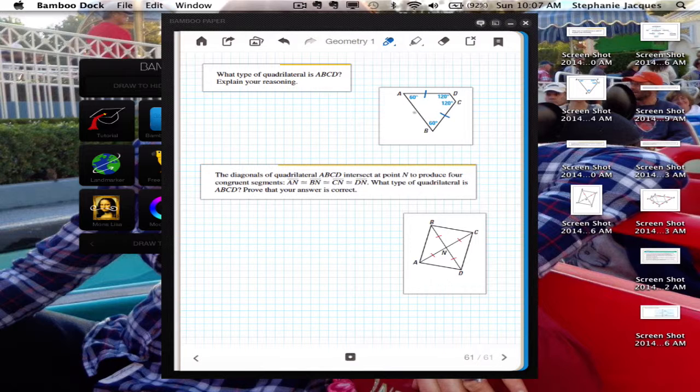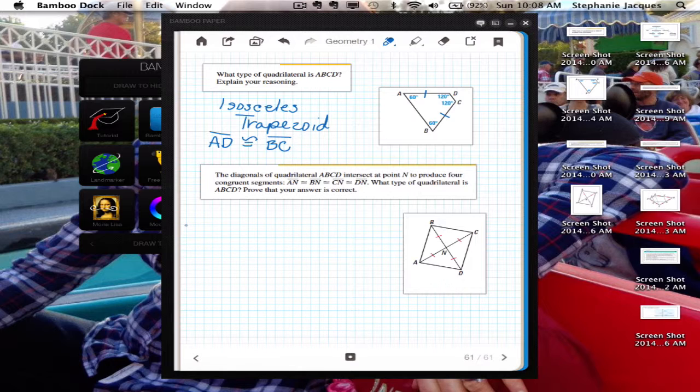So we know it's a trapezoid, and we know it must be an isosceles trapezoid, just because AD is congruent to BC.